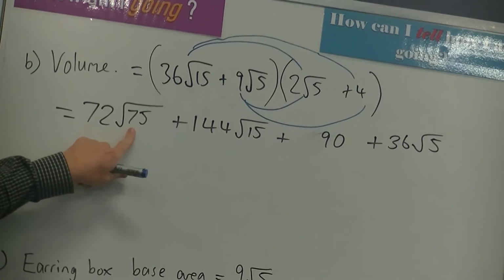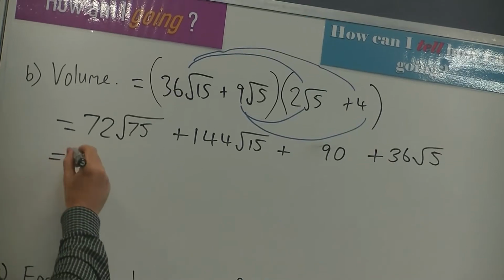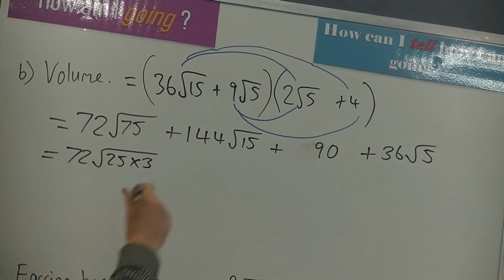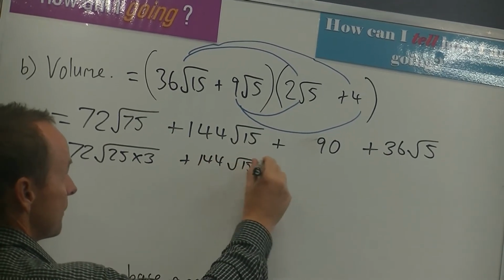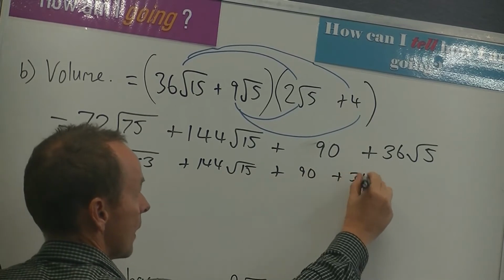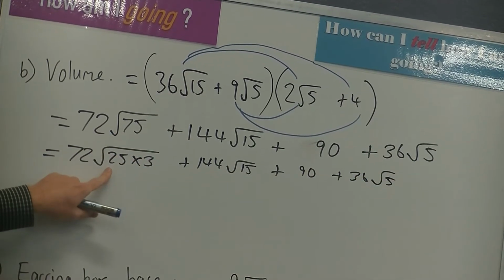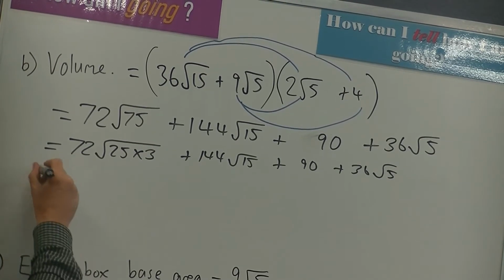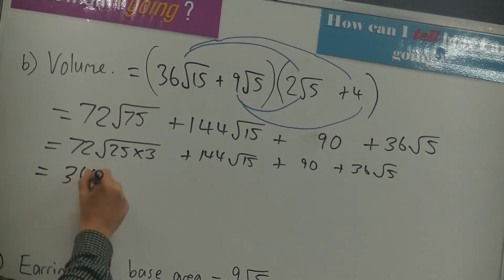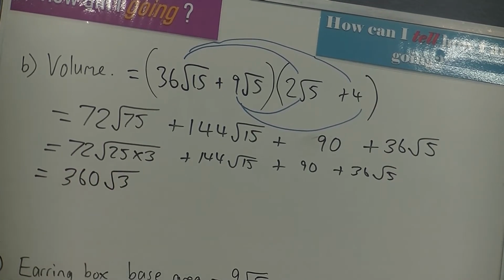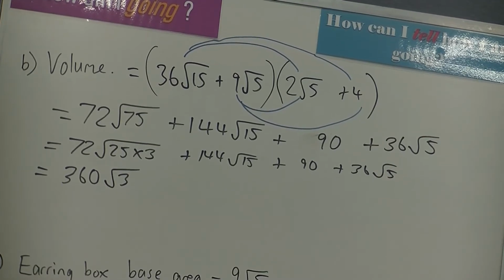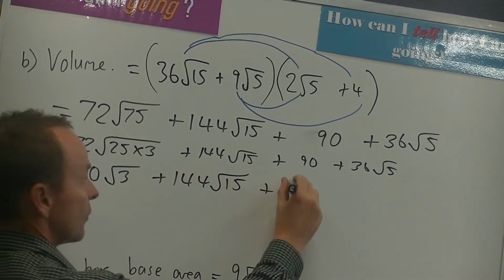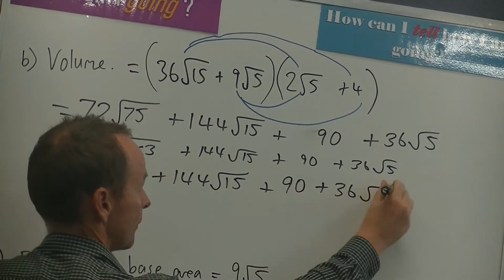However, I can see that I can simplify the root 75. To simplify that, that would be 25 times 3. And then all the rest is the same. We just need to write it out again. Okay, root 25 is 5. 5 lots of 72. 5 7s are 35, 350, 360, I believe. 360 root 3 plus 144 root 15 plus 90 plus 36 root 5.